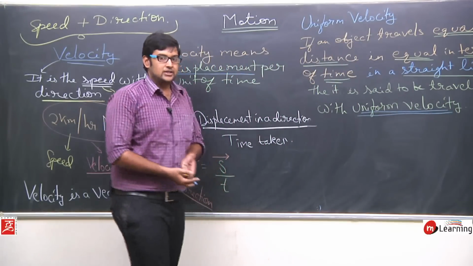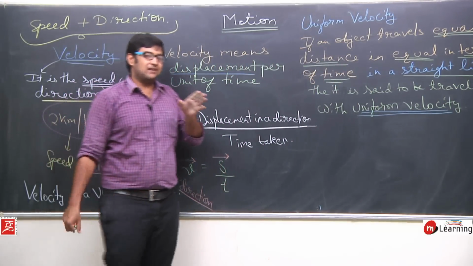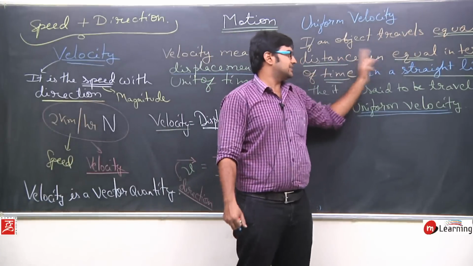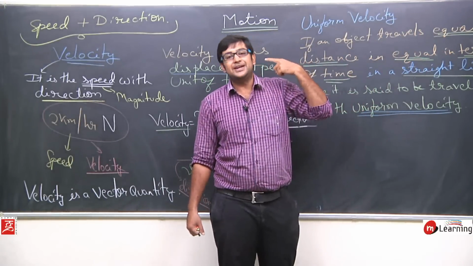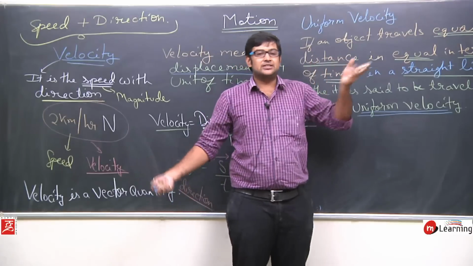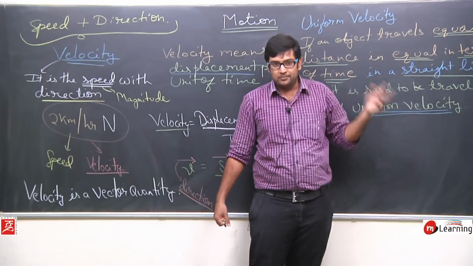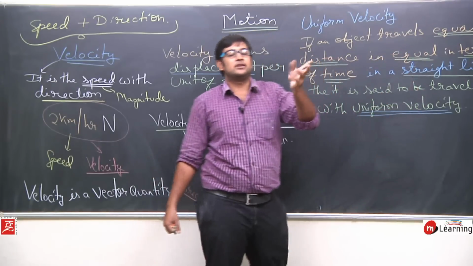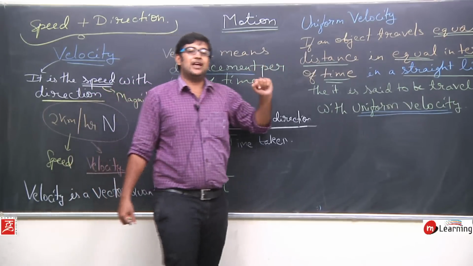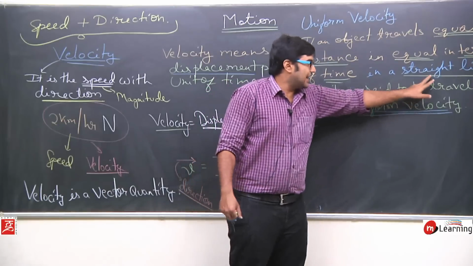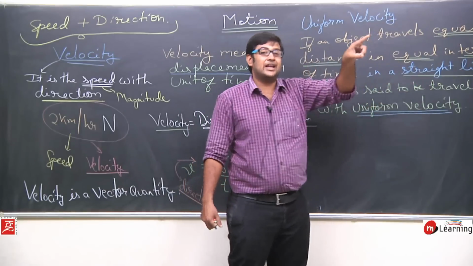See what I am saying, that the object is traveling equal distances in equal intervals of time. This is what we have studied in speed as well, that if an object travels equal distances in equal intervals of time, its speed will remain the same, it will travel with uniform speed. But in this case what we have extra is the direction, it has to travel in a straight line.